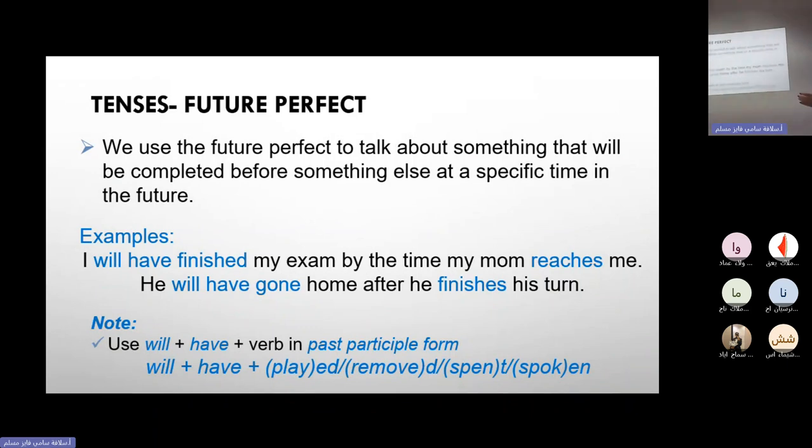Will is the future, have gone home is the perfect. Okay? Note, use will, then have, then the verb in past participle form. Will have played, removed, spent, spoken. And okay?